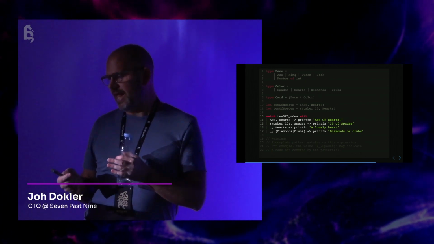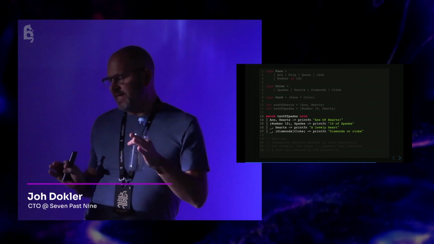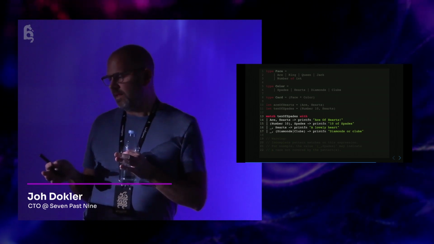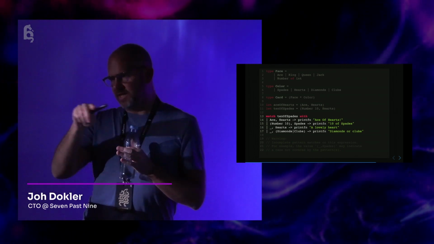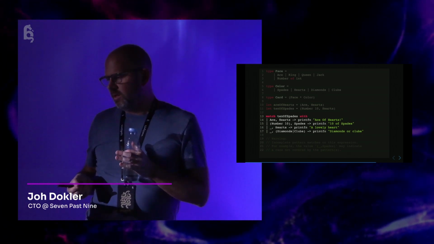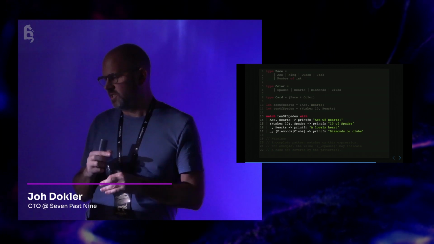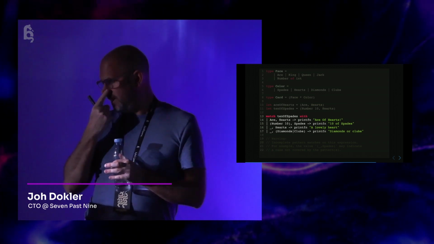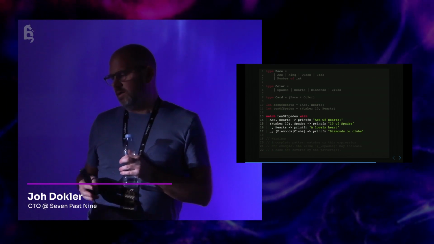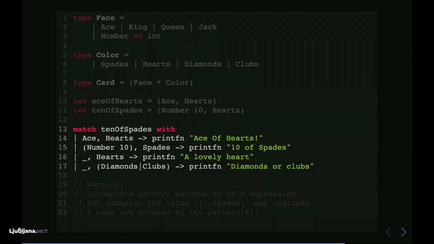And the last 2 are essentially just more fancy pattern matches, because they would match any face, right? This underscore means any value, whereas we are interested in hearts. So we just say we have a heart, and the last one is, again, we are not concerned with face, but the color can be diamonds or clubs.